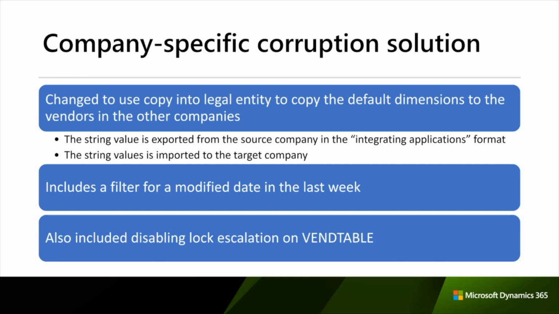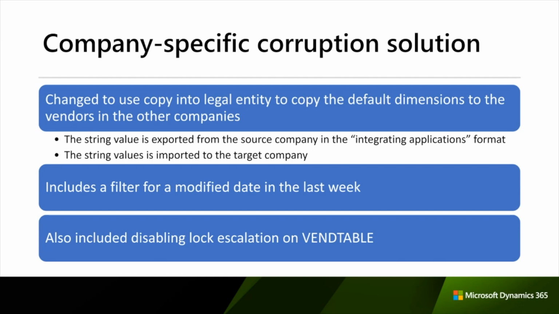And then it gets imported into the target company, and the import converts the string back to a default dimension, and the default dimension will be correct for that legal entity. So that avoids the problem. It doesn't copy the default dimension, the 64-bit integer. It converts the source default dimension into a string, and then it converts that string into the target default dimension.